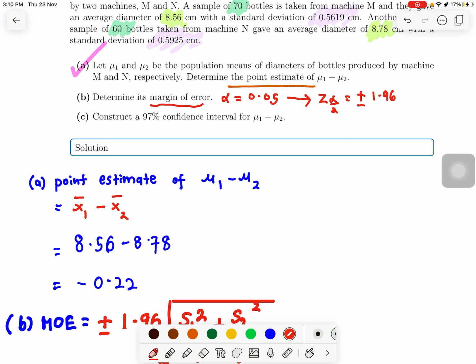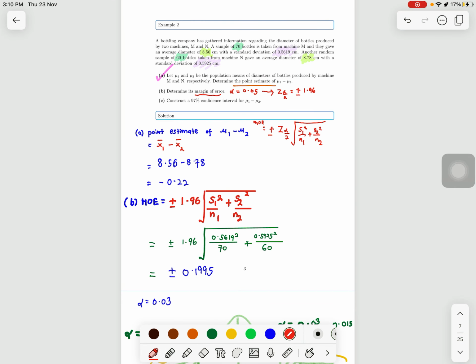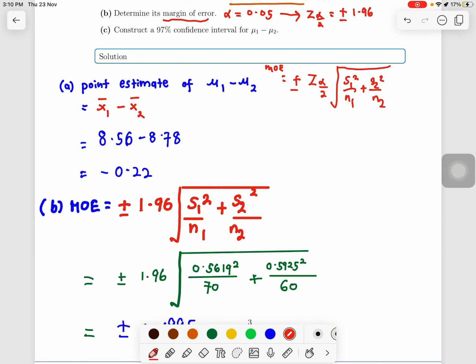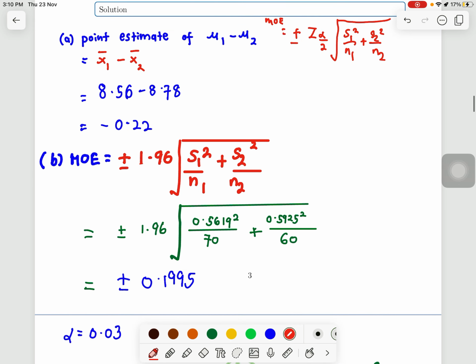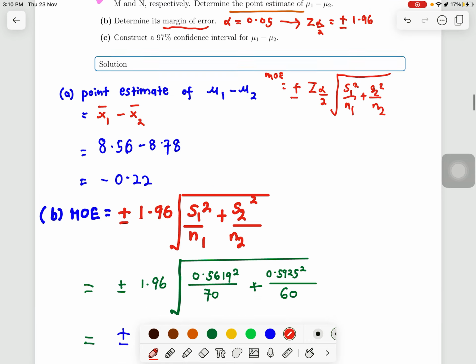Alright, so to calculate the margin of error for two populations, z alpha over 2 times the square root of s1 squared over n1 plus s2 squared over n2, plus minus. That's our MOE. Okay, so after I complete it, the answer is supposed to be plus minus 0.1995.